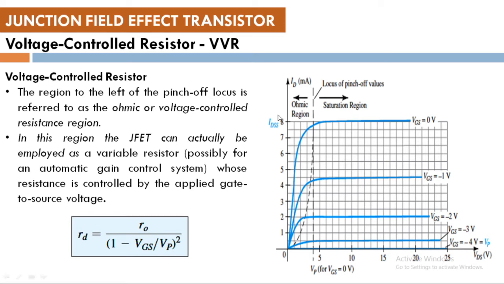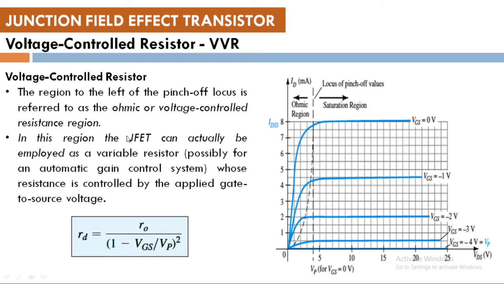If we look at the left region, as you can see, the dotted line is called the locus of pinch off values. Here we can see the left hand side is the ohmic or voltage control region.